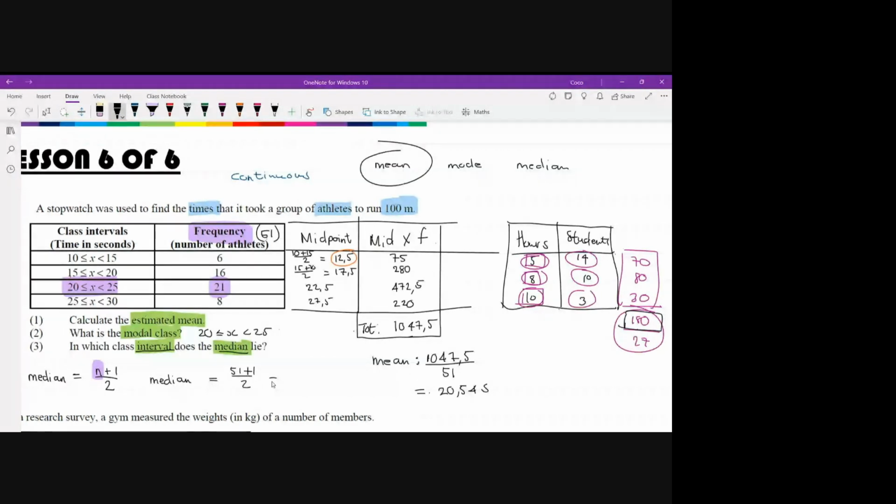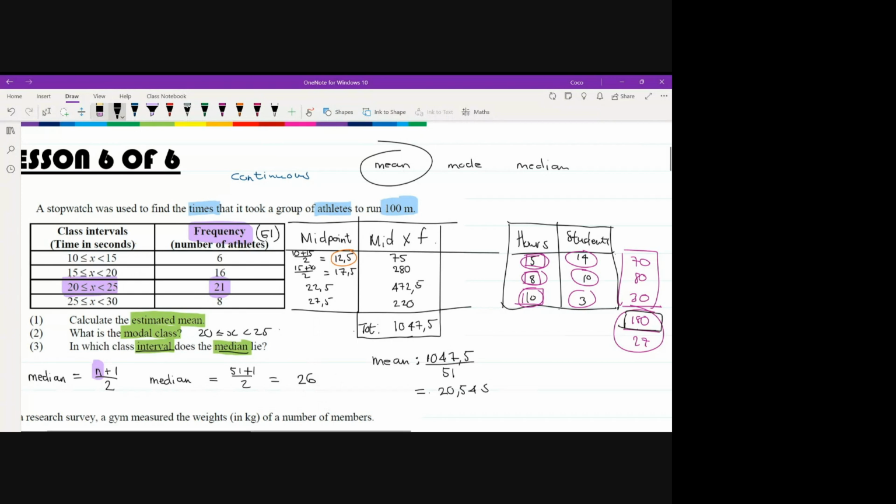What is 51 plus 1 divided by 2? Just the same as 52 divided by 2, actually. 26, that's it. But this 26 doesn't mean that that's the answer.